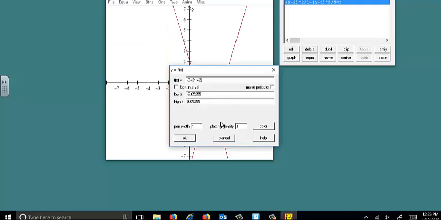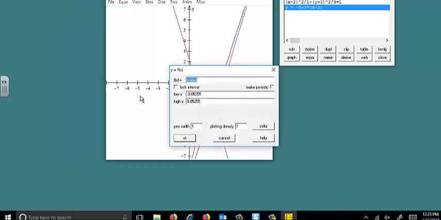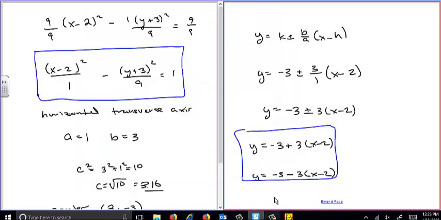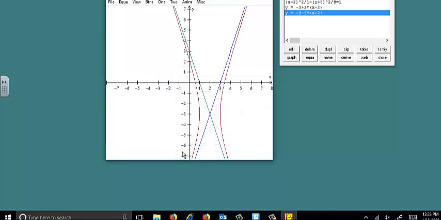So I'm going to say okay. That's one line, and then we'll do it again. Another explicit equation. It's going to be negative 3 minus 3 times (x minus 2). If I graph that, let's say OK.